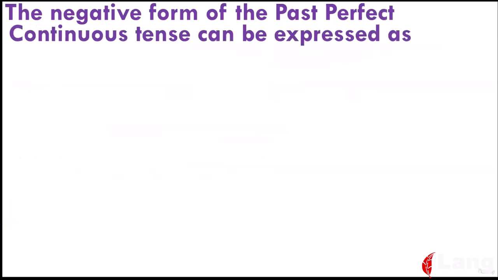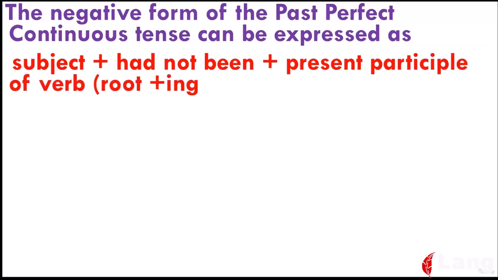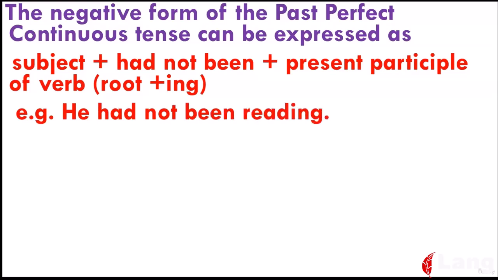The negative form of the past perfect continuous tense can be expressed as subject plus had not been plus present participle of the verb, that is root plus ing. For example, he had not been reading.